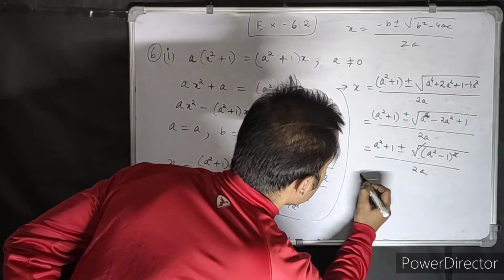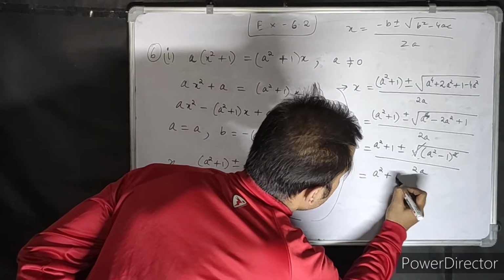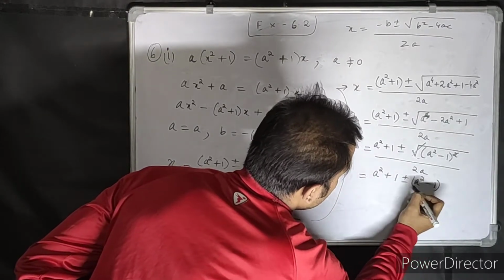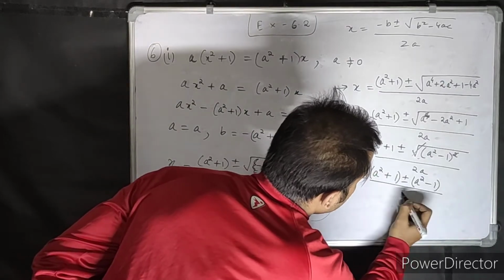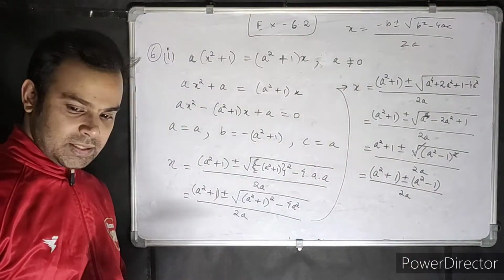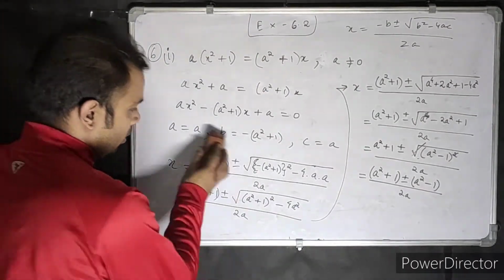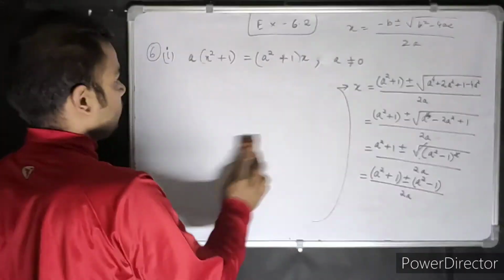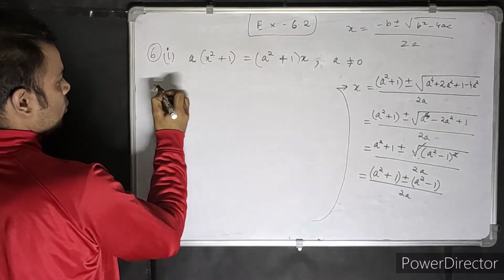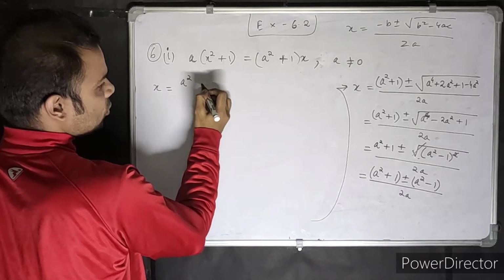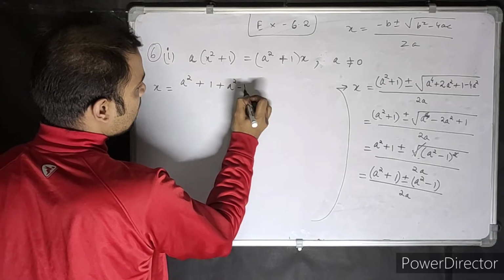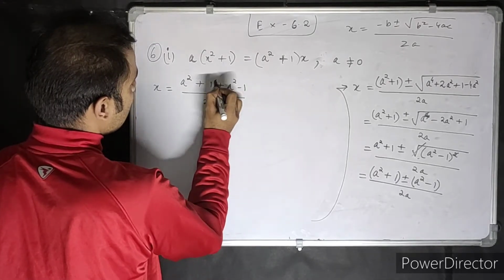Square root got cancelled out. So you are left with a square plus 1 plus minus a square minus 1. Put both of them in bracket and write divide by 2a. Now from here two parts. So x is equal to a square plus 1, first is plus a square minus 1 divided by 2a.